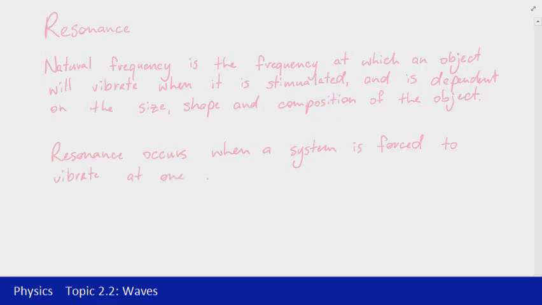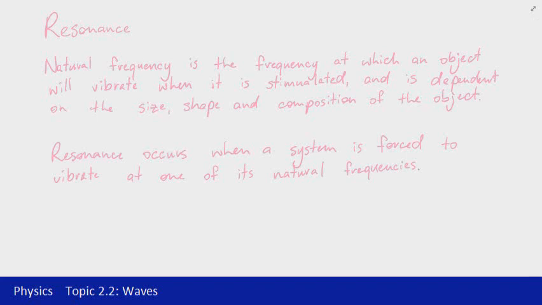Note here I'm saying one of its natural frequencies, so there will be potentially a range of natural frequencies depending on the object itself, and depends on the way that the force is being applied or the way that the system is oscillating.